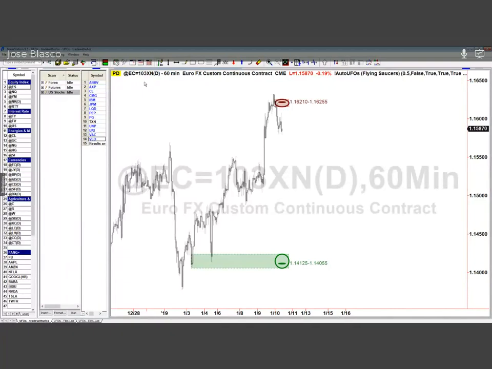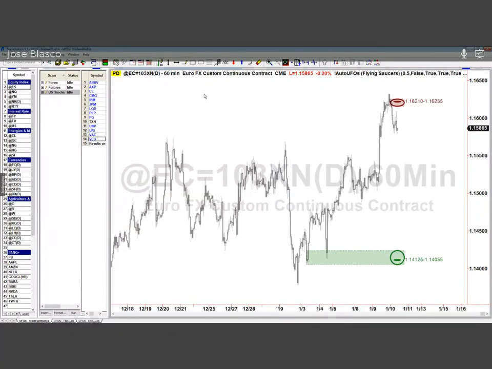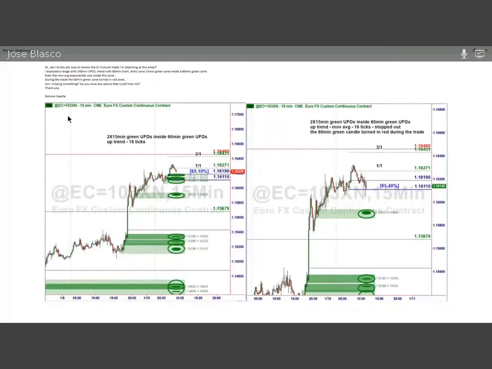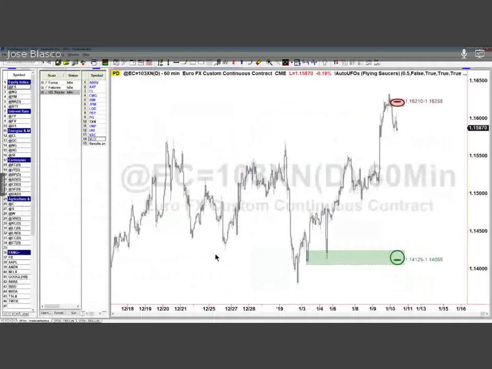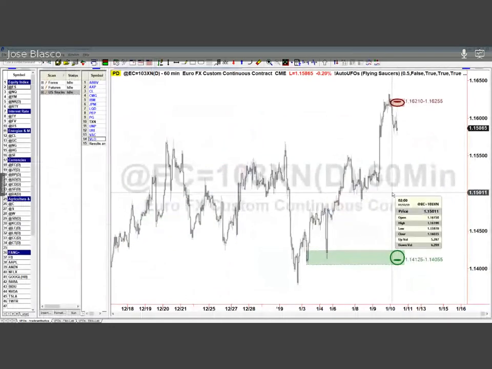This has to do with avoiding the adjustment that continuous contracts would do automatically. Let me get back to the time frame. We have the 15-minute time frame, and this was happening around 7 a.m.